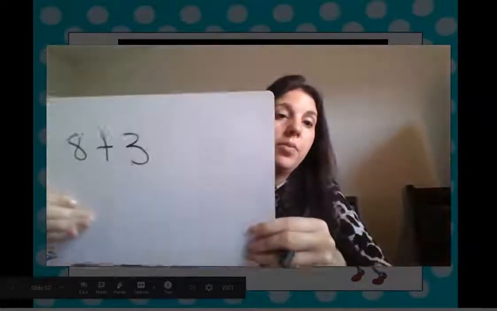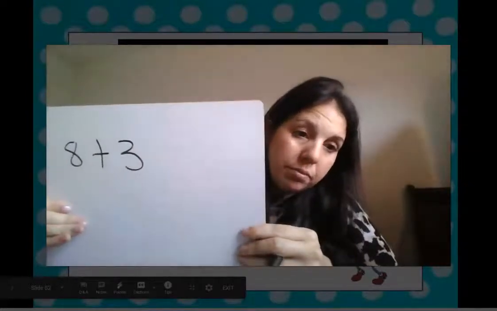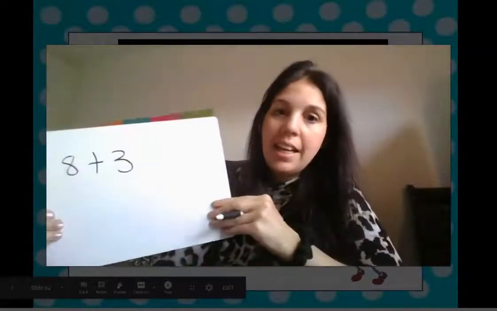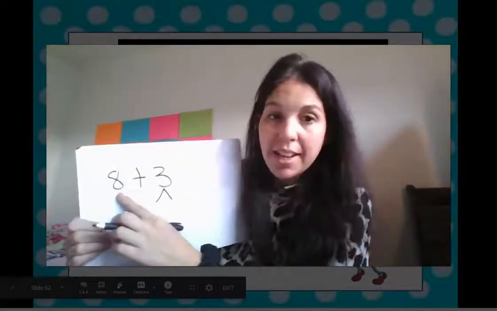I'm going to do mine. If you have to pause this video so you have time to write 8 plus 3, go ahead. You should have this on your paper or on your whiteboard. Okay, 8 plus 3. How many more do we need to get to a 10? 2.